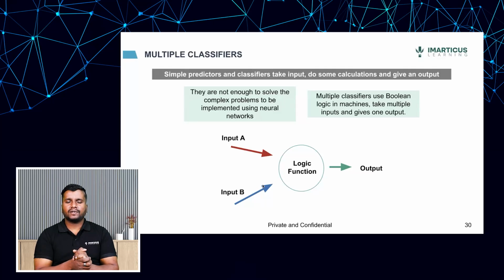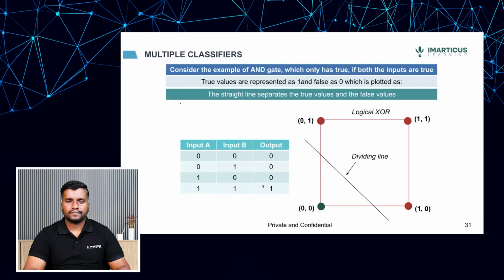Basically, we take multiple inputs and there is a logical function that will compute the logical calculations so as to find out the probability of this set of inputs being in a certain category, and based on this probability value we decide on a particular class. That happens in a multiple classifier where we take Boolean logic in machines.